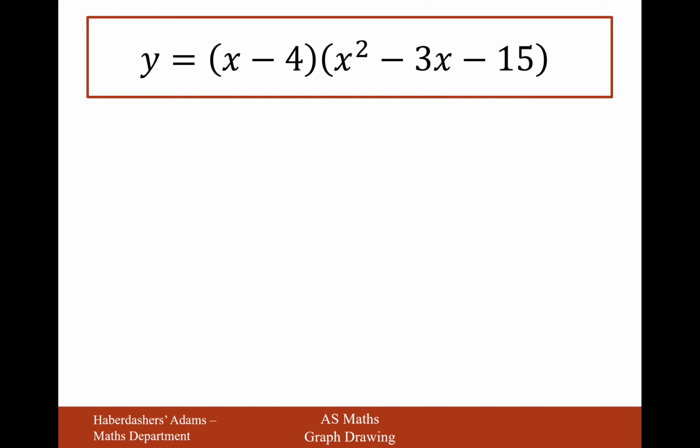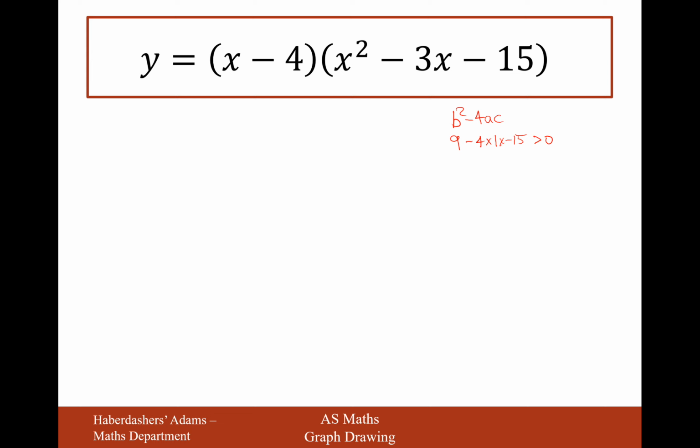Okay, moving on to the next one. Again, let's test this thing here, b squared minus 4ac. So this is going to give us 9 minus 4 times 1 times minus 15. Well, that's a double negative, so that's definitely going to give us something positive. So what I should probably do now is type this into my quadratic polynomial solver to get my roots.